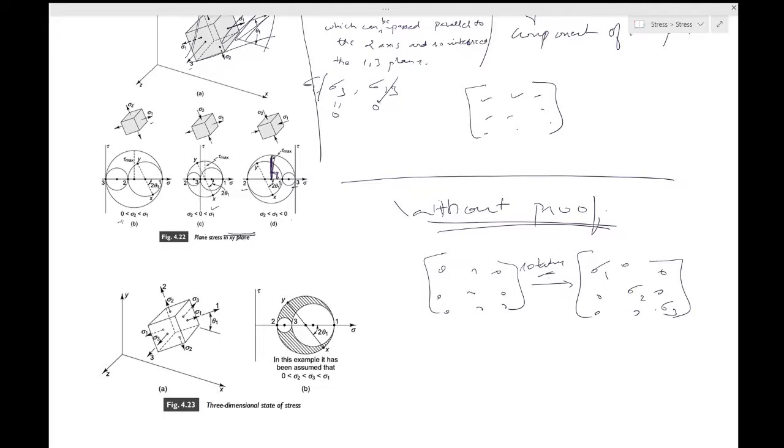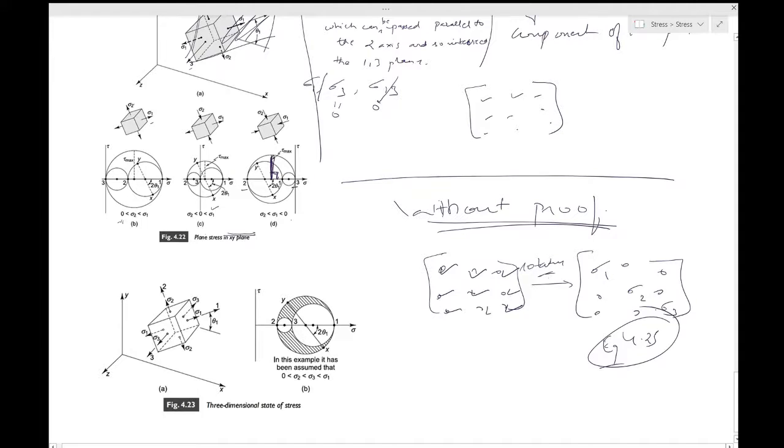If the 6 stress components associated with any 3 mutually perpendicular faces are specified, it is possible to develop equations similar to 4.23, which is 4.25 essentially.